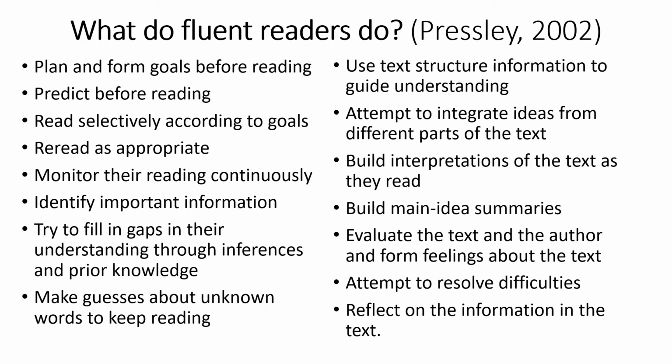So they also attempt to resolve difficulties. They reflect on the information in the text. So we can also engage our teenagers in these processes in the reading lessons so that they develop their habit to read like fluent readers, and eventually they'll become fluent readers themselves.